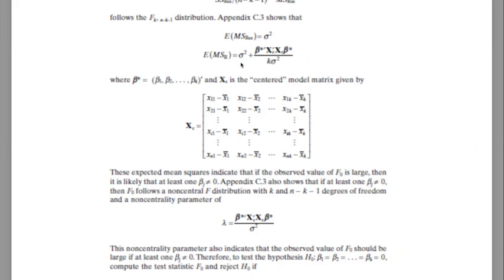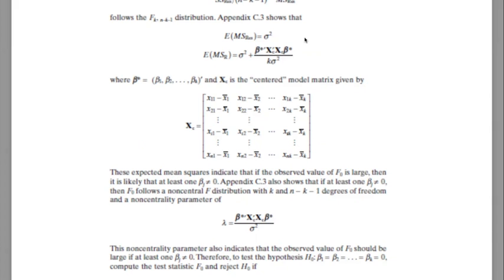But if that null hypothesis is true, if all of those slope coefficients are zero, then this quadratic form term would be zero. And so in that case, the mean square for the regression and the mean squared error would have the same expected value. They would both be equal to sigma squared.